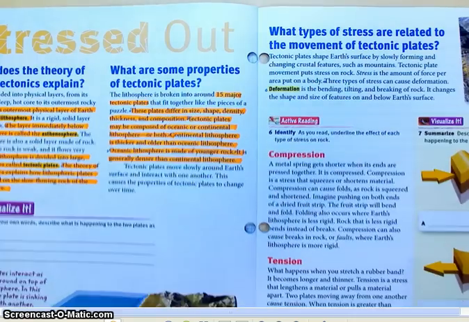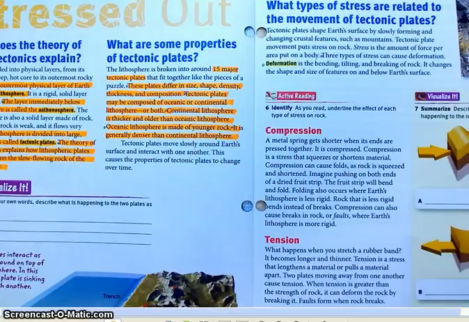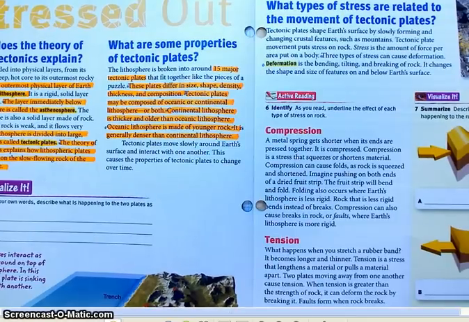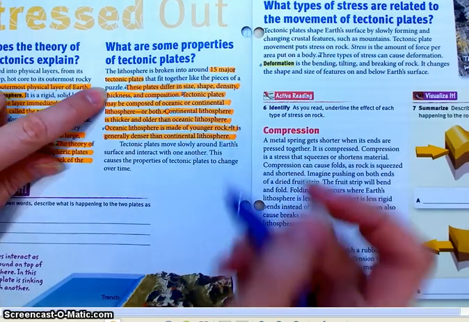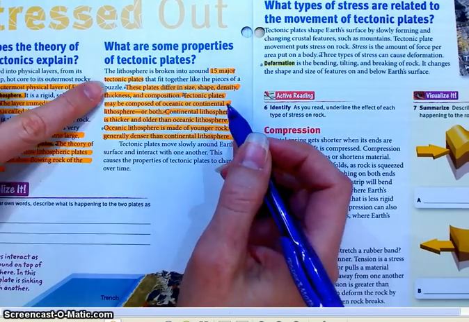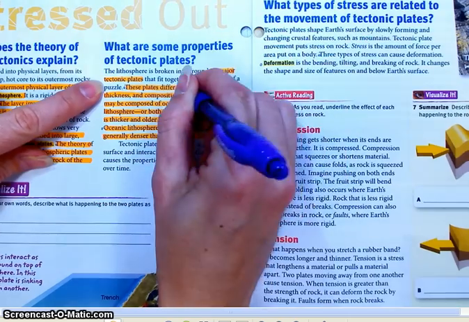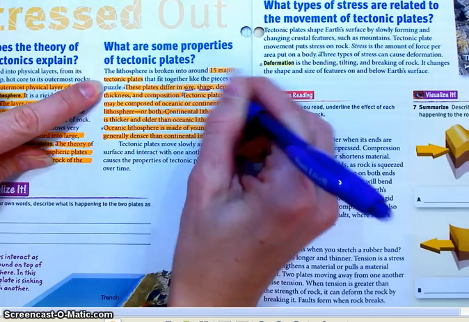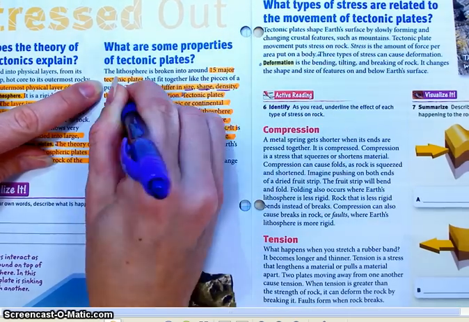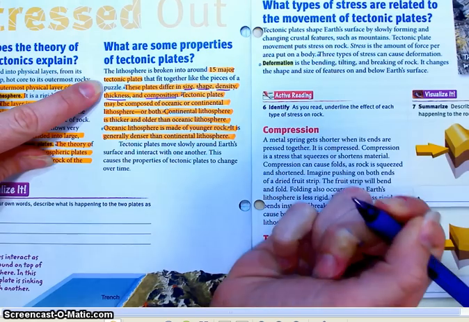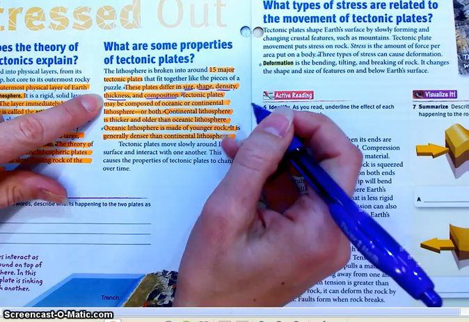All right, back to page 358 and 359. One more time, your lithospheric plates differ in size, shape, density, thickness, and composition, meaning what kind of rocks they are made of.